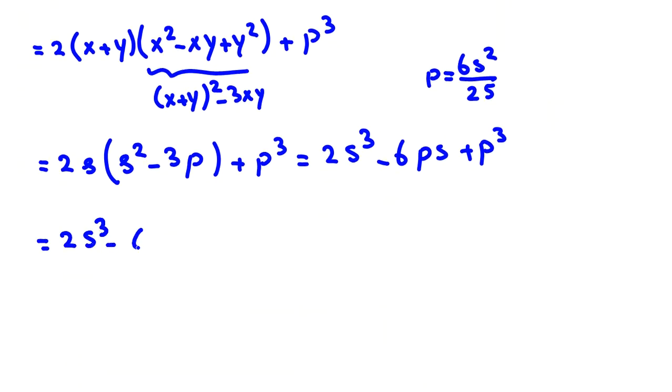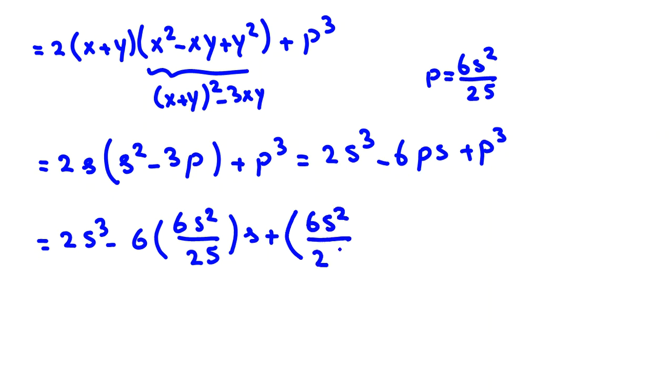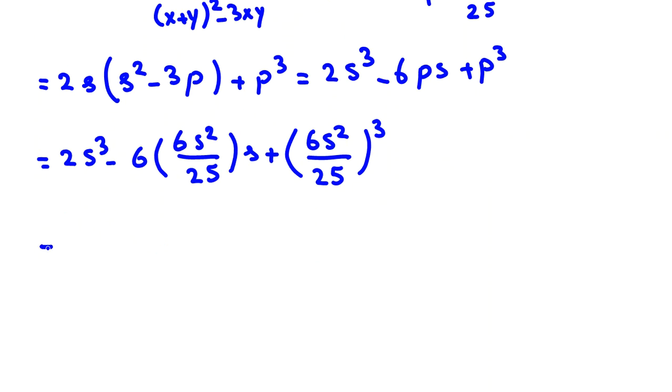2s cubed minus 6. P, replace it with 6s squared over 25 times s, plus p cubed, which will be 6s squared over 25 cubed. Now, if I simplify this, it will be 2s cubed minus 6 squared over 25.